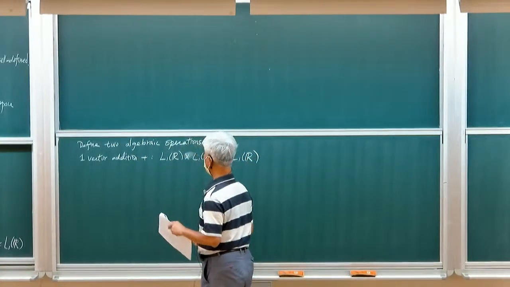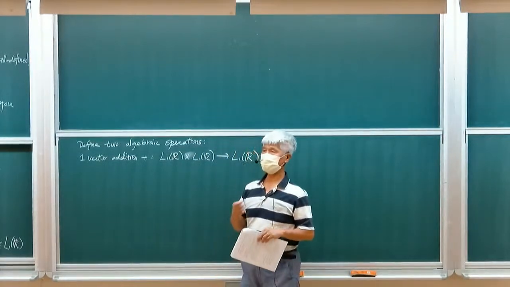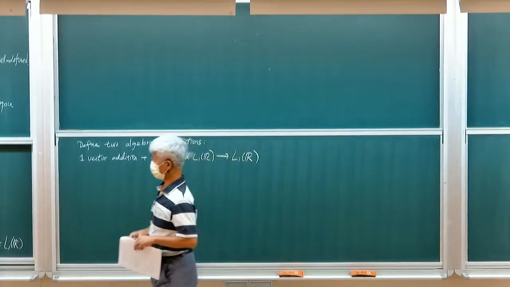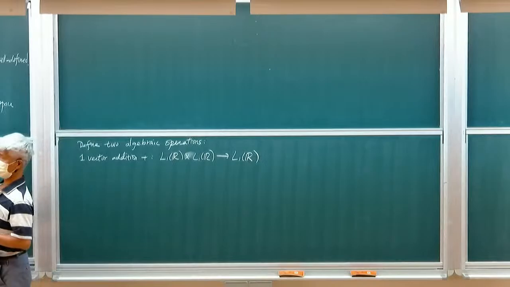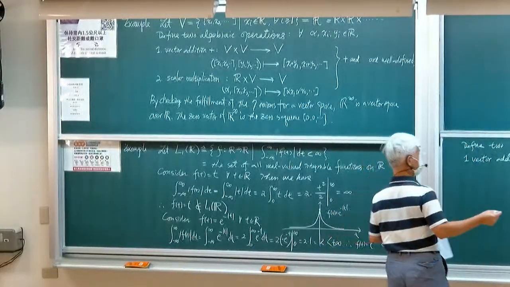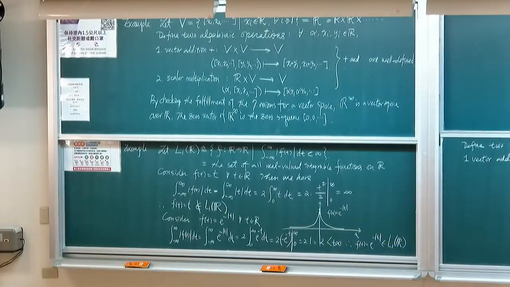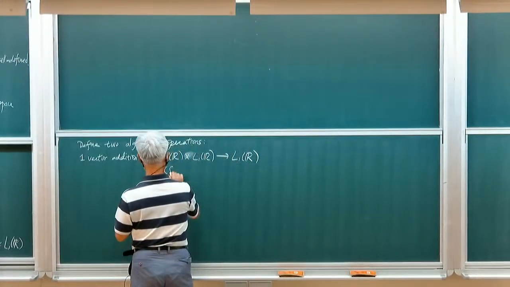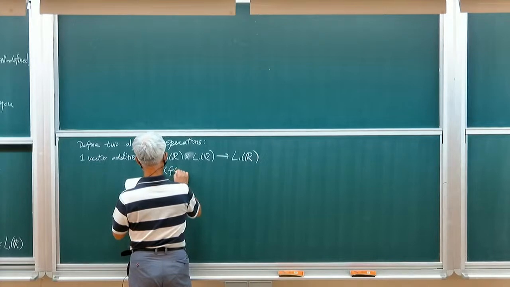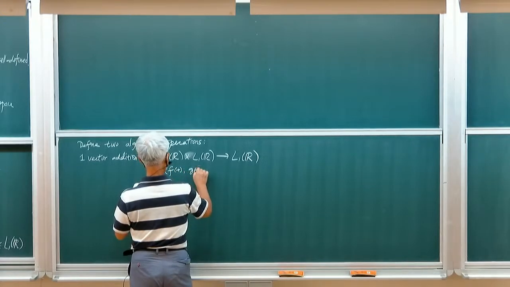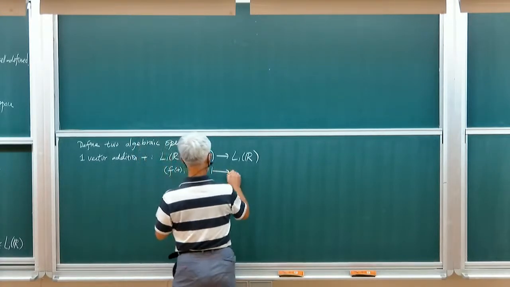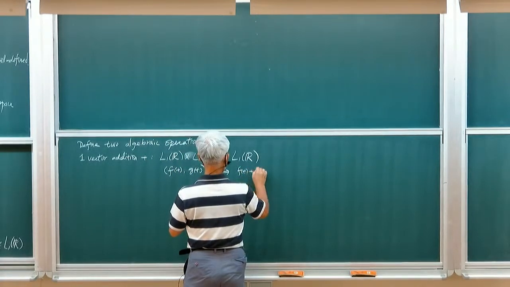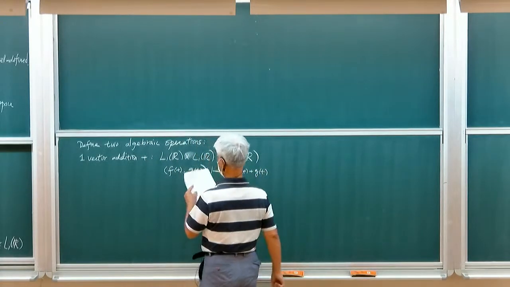So you have to make sure that the addition of two functions in L1(R) is a function in L1(R). Otherwise, it's not well defined. So you have to check the definition is well defined. So this is f(t), g(t) goes to f(t) plus g(t).